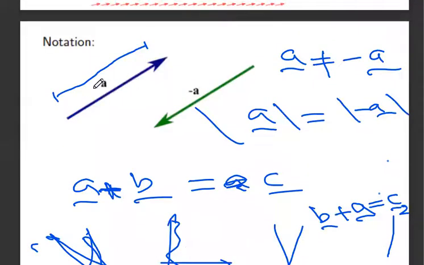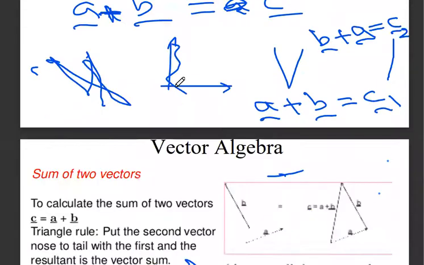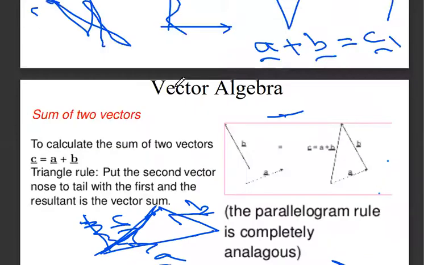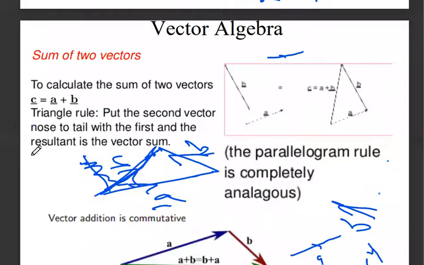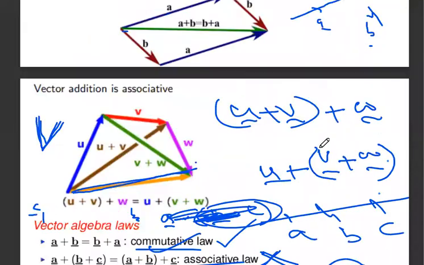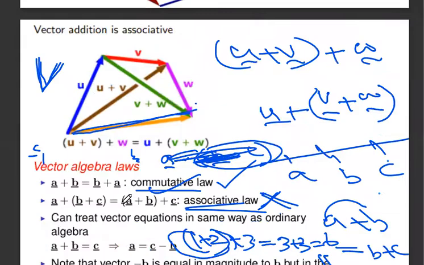If you multiply this vector by -1, the direction changes but the magnitude remains the same. When you add two vectors, you get another vector, and you can complete this triangle to find the resultant one. You have learned these things in A levels, and the set of vectors has these properties.